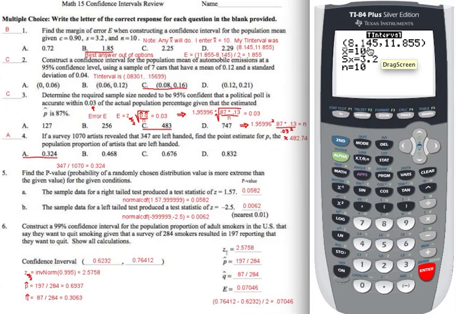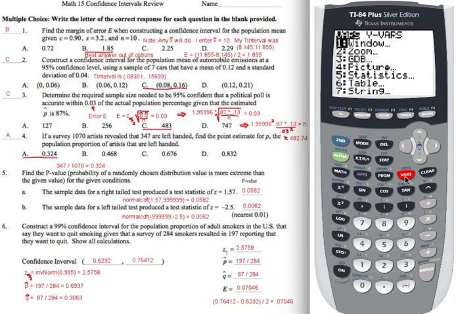I really want to know how far it is from the center of this interval to the extremes, and that will give me my error. Now if I hit any button here, it's going to erase these values, so you may want to write down on paper what these values are, but it's also valuable to understand that these values are always saved in the calculator under VARs.